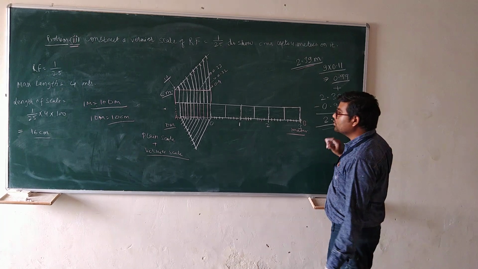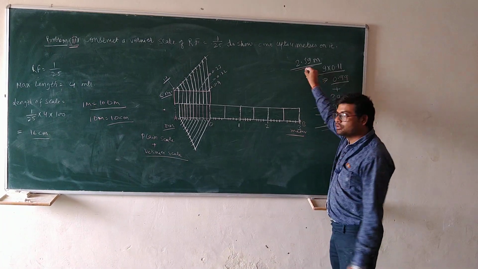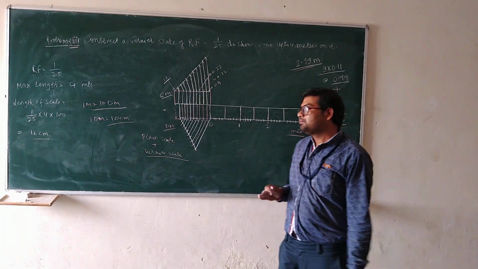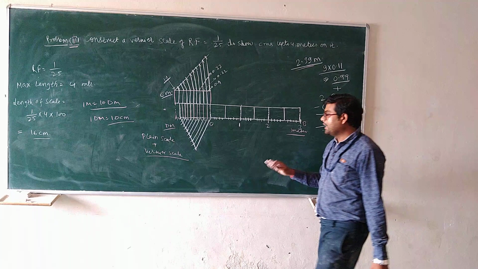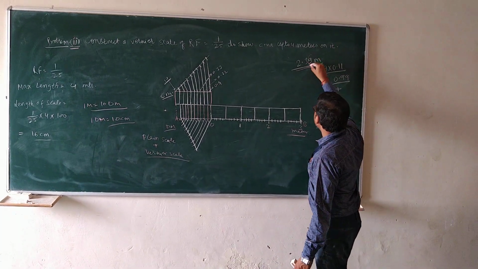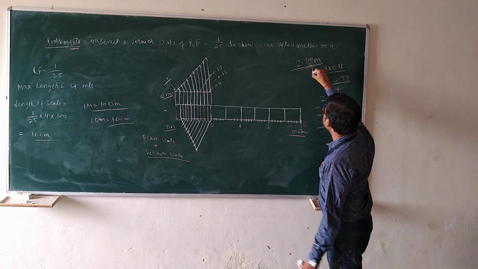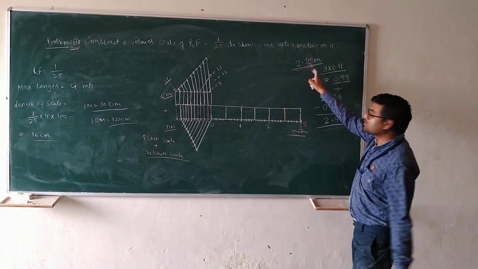First we have to break this measurement into the two scales, vernier and plain scale. So we have to take the last digit of this measurement. Here this is 9.